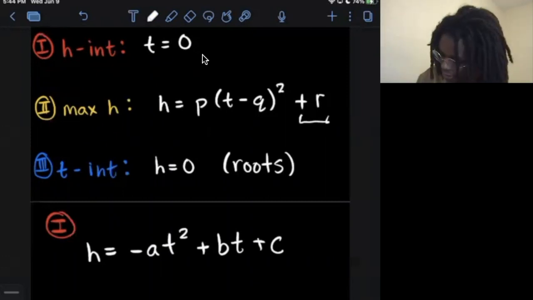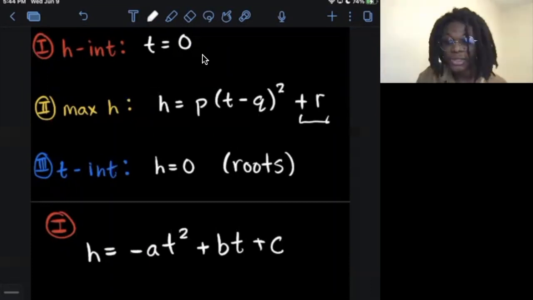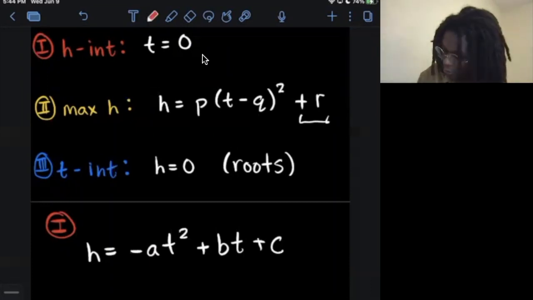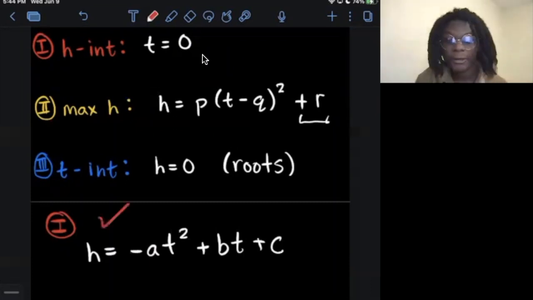So let's set t equals 0. Then we'll get h equals c. That means that c is the h-intercept. So if we change c, we are changing the h-intercept. So we'll put a check mark by 1 up there.